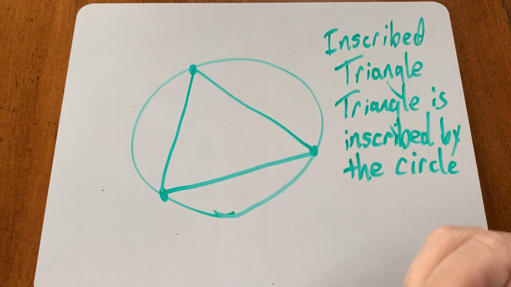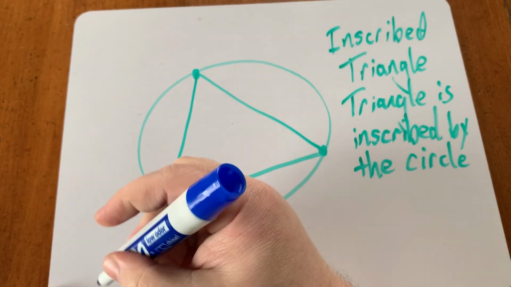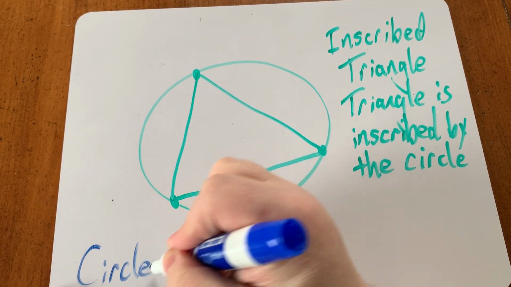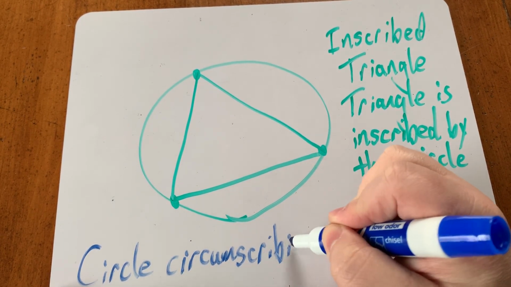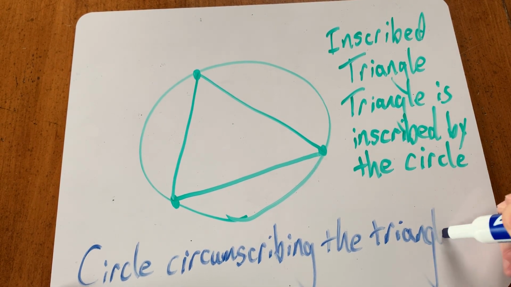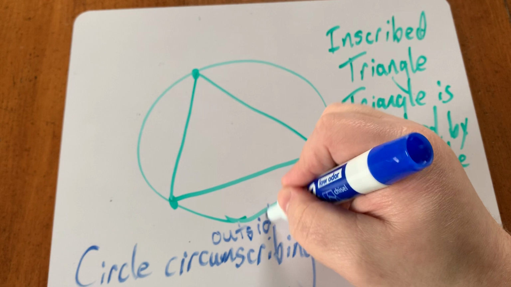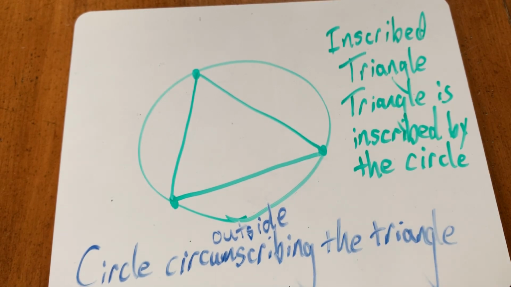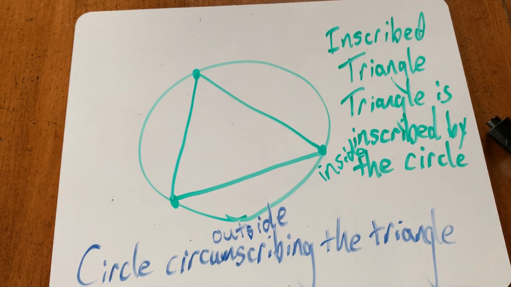Another way to look at it is you could say it's a circle circumscribing the triangle. Whatever is on the outside is what is circumscribing. Whatever is on the inside is inscribing. And that's how we can tell the difference.